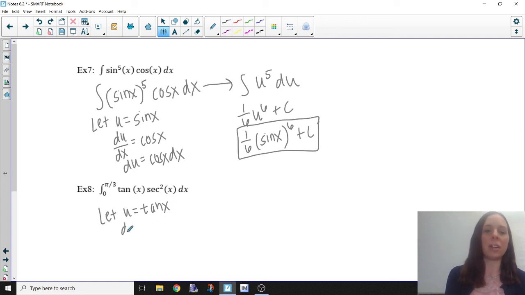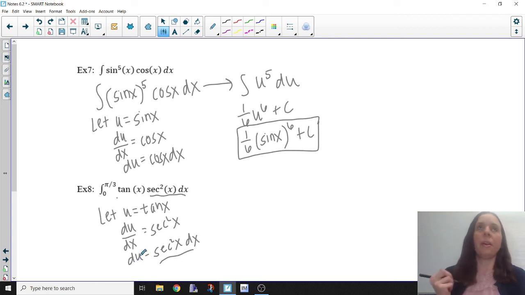Watch this. When I take the derivative, I get secant squared. And the only thing I need to do with that equation is move the dx to the secant squared side. And look at how nicely everything is going to fit. This is going to become the integral of u, and then this stuff will become du.